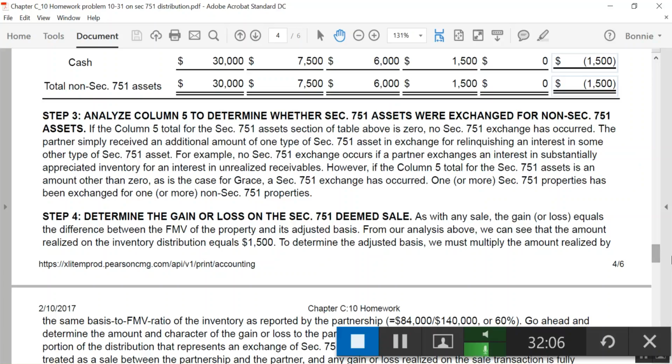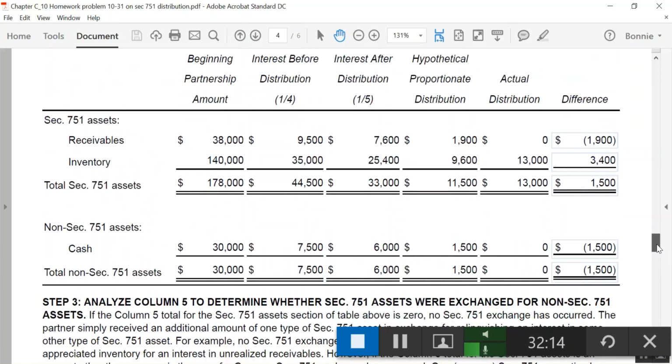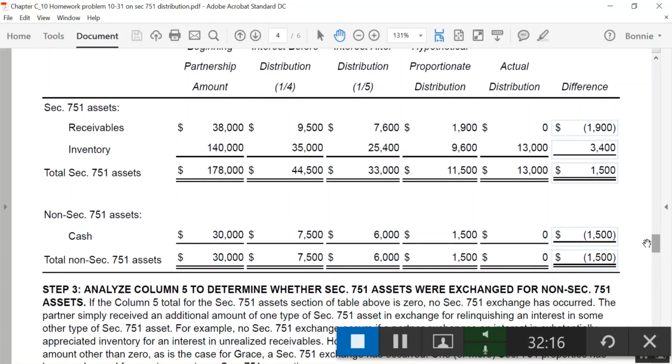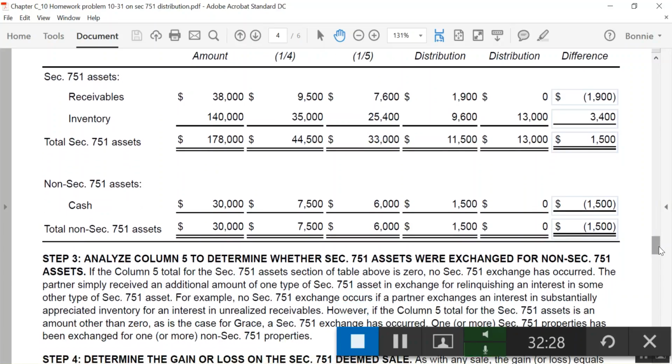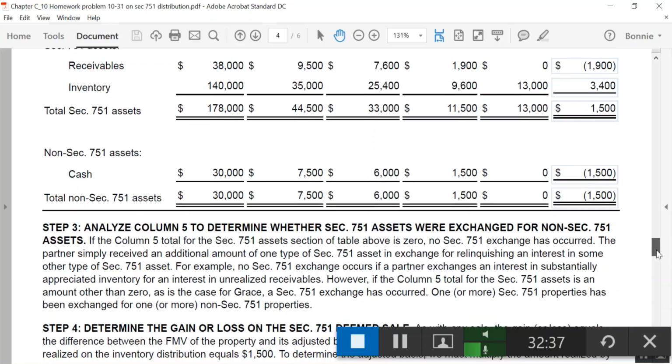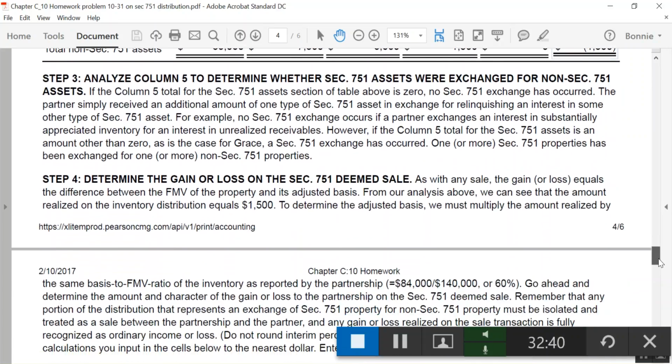Okay, so you look at the table above, and you can see that the amount that she realizes in her distribution, in her hypothetical proportionate distribution, is $1,500. And actually, we see that in the difference. You can actually look at the difference column too and see that she's actually realizing $1,500.